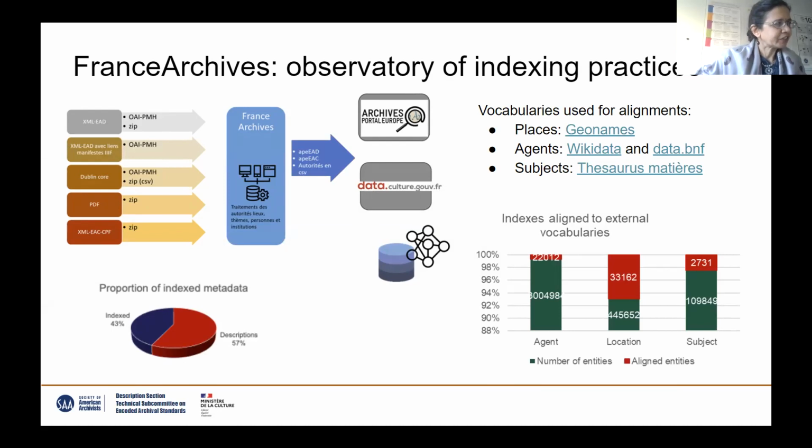France Archives, as the national aggregator for archival metadata, is a good observatory of these practices, with 21 million descriptions, about 80,000 finding aids or collections, from 135 content providers.